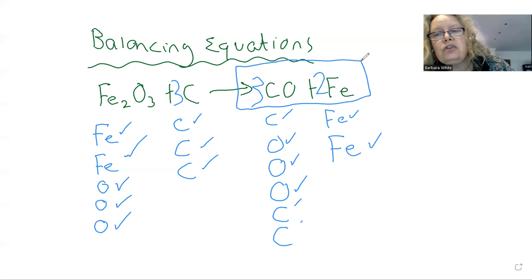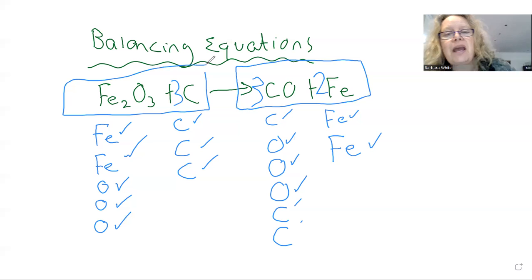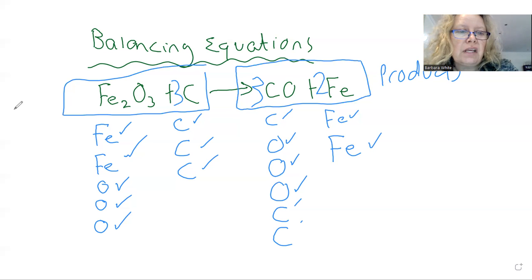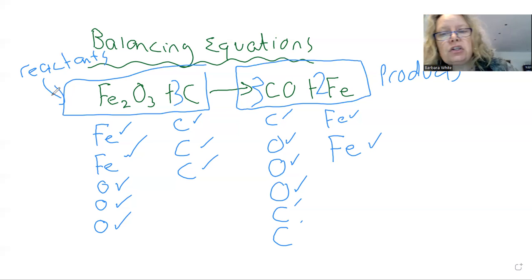These are the things being produced, and the reactants are these ones, and they're the things that are reacting. I'll just write that there for you. Products, reactants. You do need to know that because you'll probably have those words thrown at you in a test question, and you'll be expected to know which is which. Okay, products are the things that are produced, reactants are the things that react.